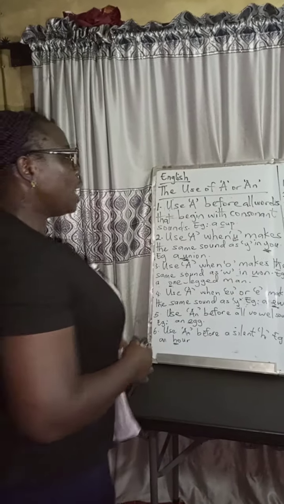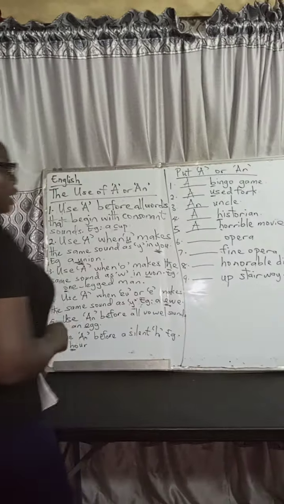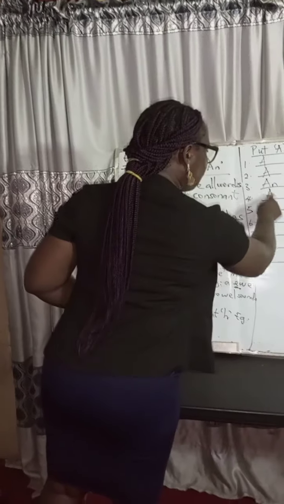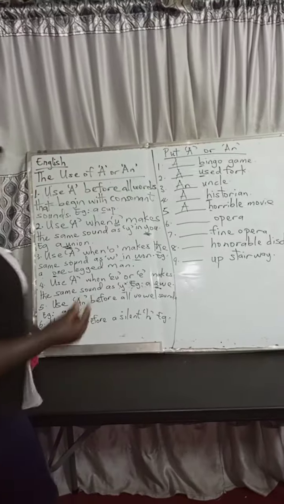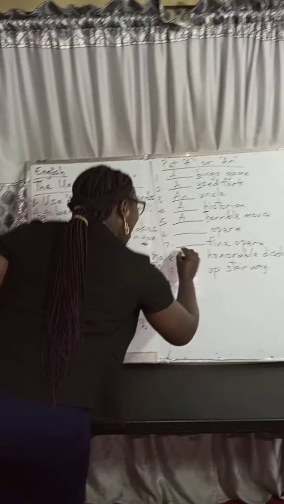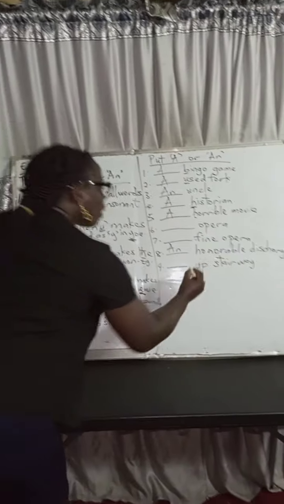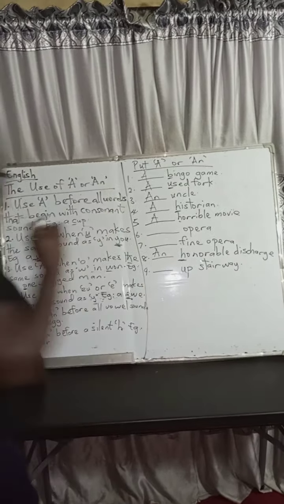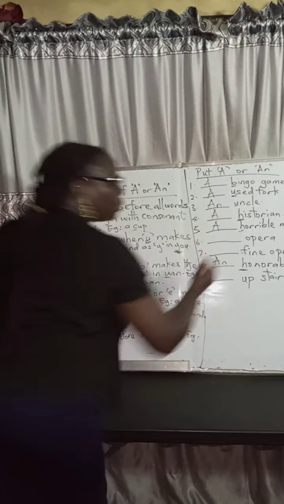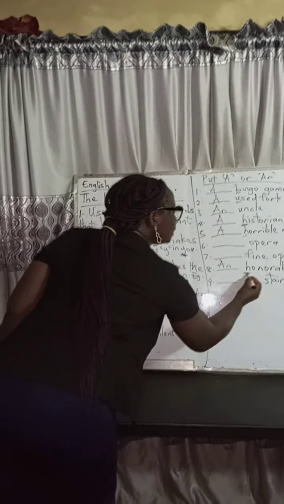Now let's quickly skip to number 8 so that you can compare 4 and 5 with number 8. Look at this one. An honorable discharge. Very good. And why? Because this H is what? Silent. You can't hear it. But in historian we are hearing H, and in horrible, H. But there is no H sound here.